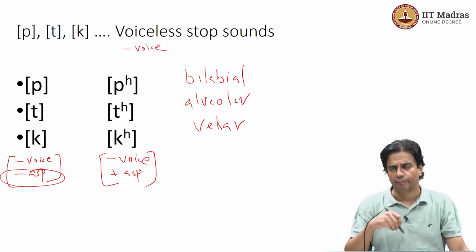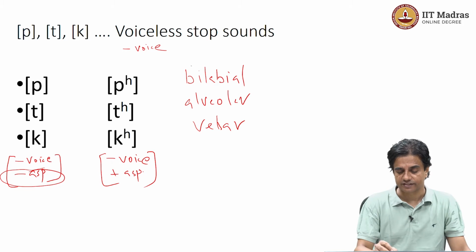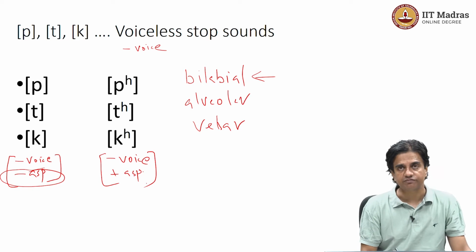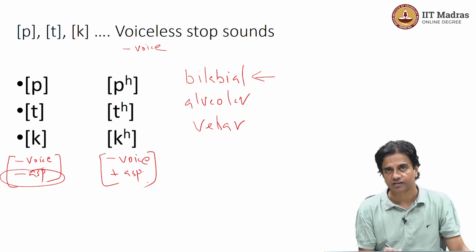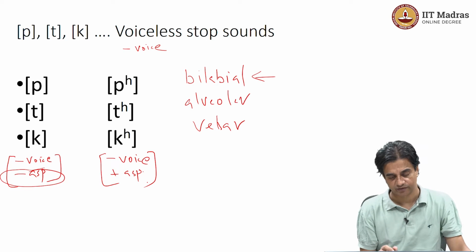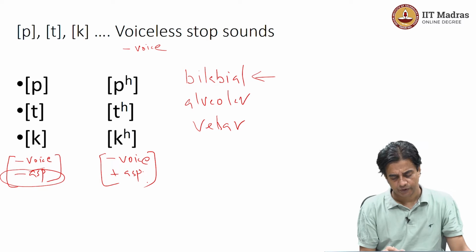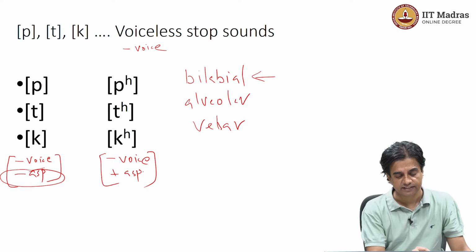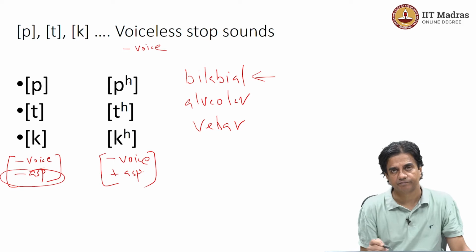This is about manner of articulation, as distinct from place of articulation. These are features of these sounds according to their manners of articulation. In certain conditions, that is at the initial position in a word, this pa becomes pha.